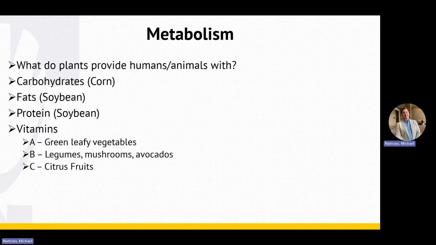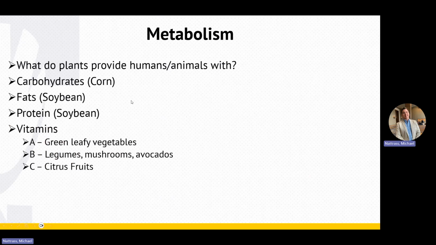Our green leafy vegetables, something like spinach, are going to provide us with vitamin A. Our legumes are going to provide us with vitamin B. And then finally, our vitamin C is going to come from citrus fruit, right? Our oranges, our grapefruit, our little tangerines, our little cuties, whatever, lemons even.